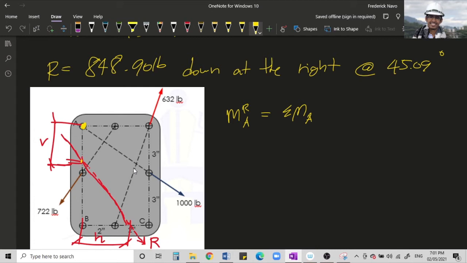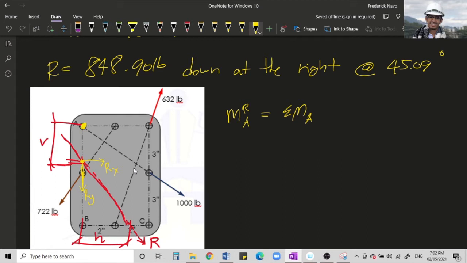So, yung intersection niya dito sa AB, kung titingnan niyo yung R natin is meron tayong X and Y component, di ba? Dun sa ating resultant. So, dito sa intersection, magkakaroon tayo ng Ry going downward and going to the right side, magkakaroon tayo ng Rx. Okay? So, nakuha na natin tong Rx and Ry natin actually.